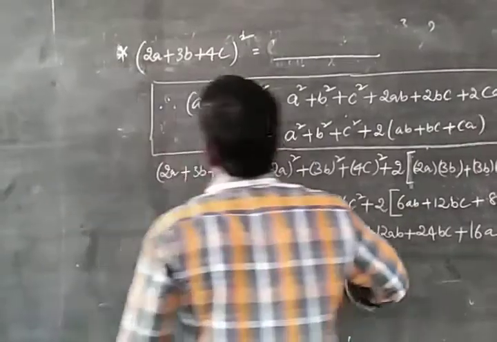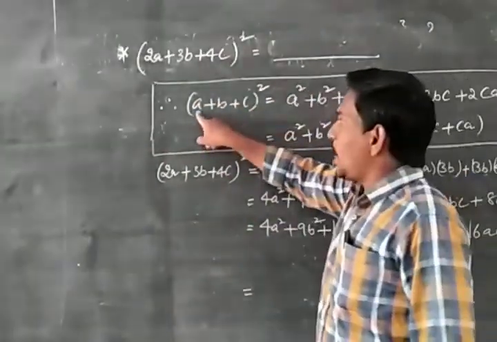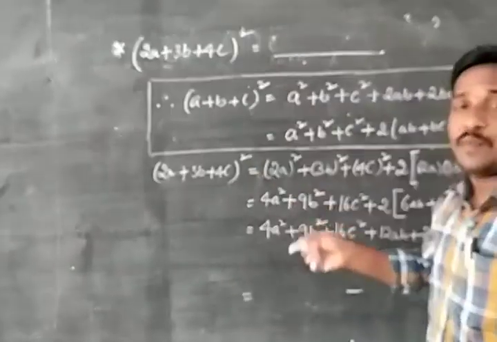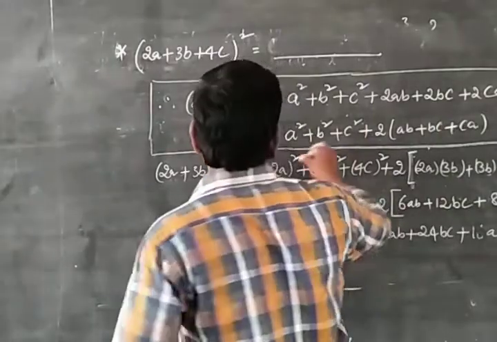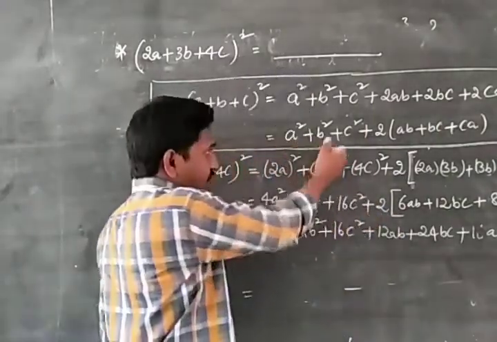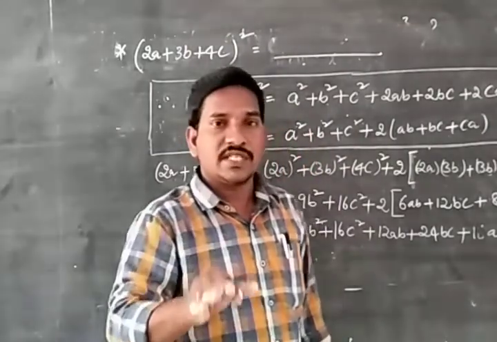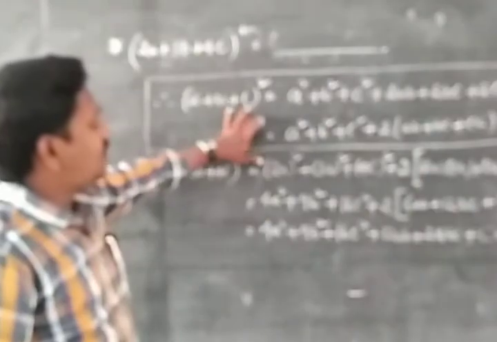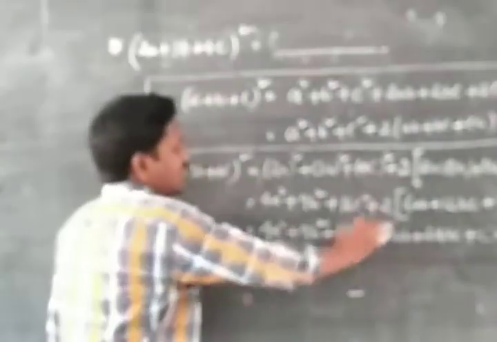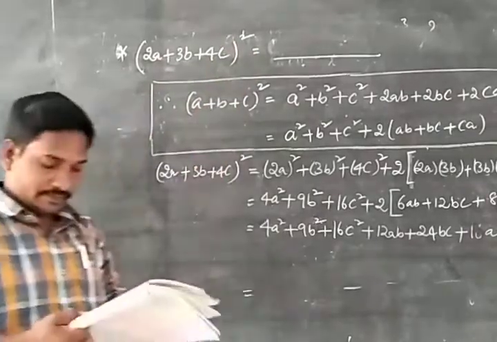Okay, what is asked? 2a plus 3b plus 4c whole square, how much? Here a plus b plus c whole square means a square plus b square plus c square plus 2ab plus 2bc plus 2ca, so otherwise a square plus b square plus c square plus 2 into ab plus bc plus ca. Okay, now substitute all these values in the required formula, and this is the expanding form of 2a plus 3b plus 4c whole square.